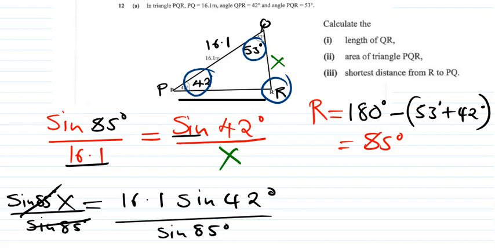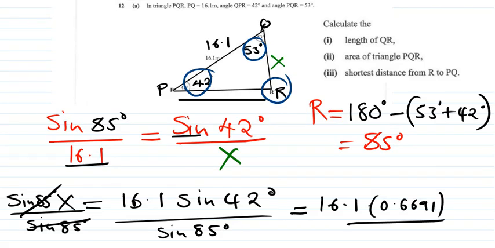So 16.1 multiplied by sine 42. Sine 42 is 0.6691, divided by sine 85, which is 0.9962.